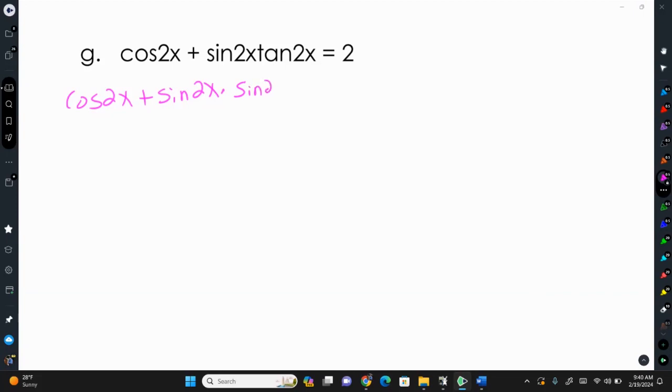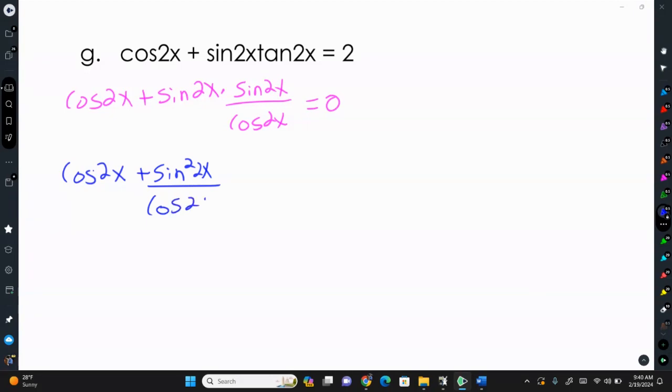Cosine 2x times sine 2x over cosine 2x equals 2. And then that gives us cosine 2x plus sine squared 2x over cosine 2x equals 2. I'm sorry, not 0, equals 2.